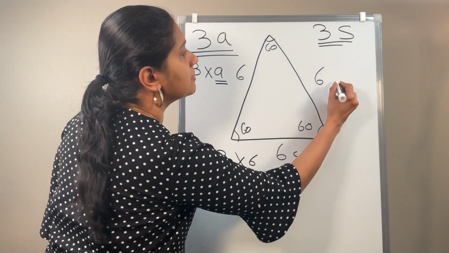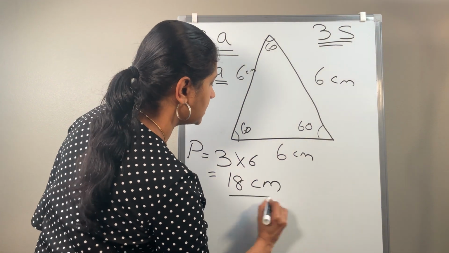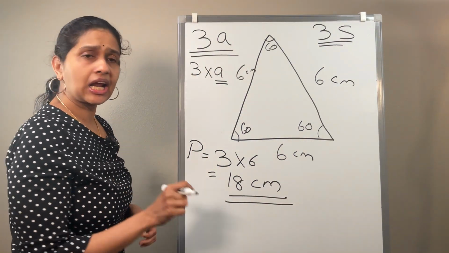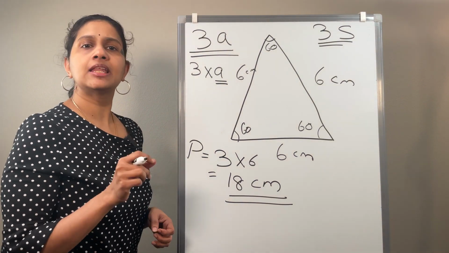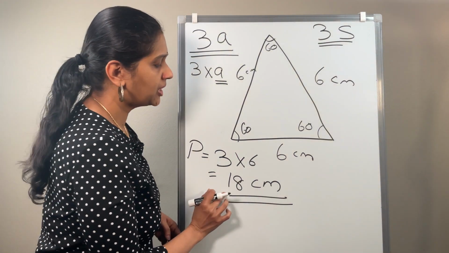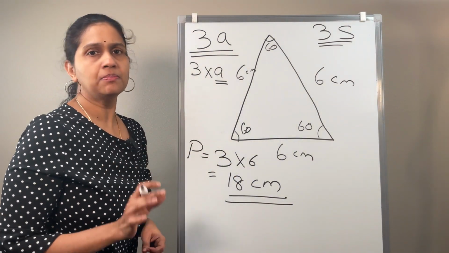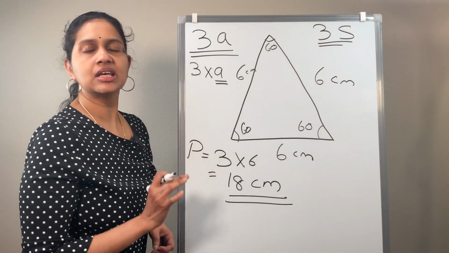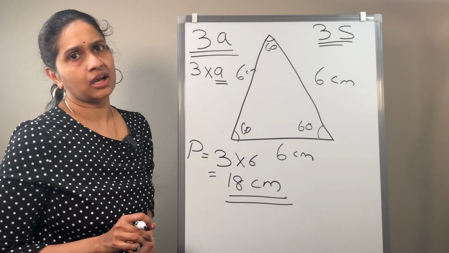And if you are given the measure as centimeter, you simply need to write 18 centimeter. Don't write square here. Square needs to be written only in the case of area. For perimeter, you simply need to write the unit as centimeter. 18 centimeter is the perimeter of this equilateral triangle.